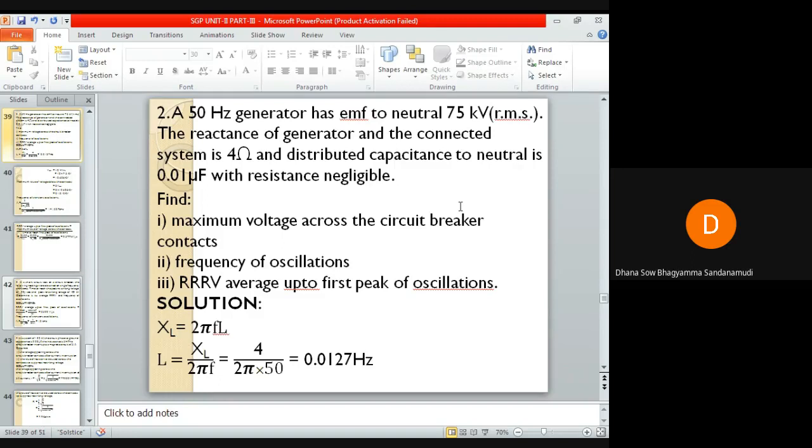You have to solve it. Try to solve it on your own because it is similar to your previous problem.